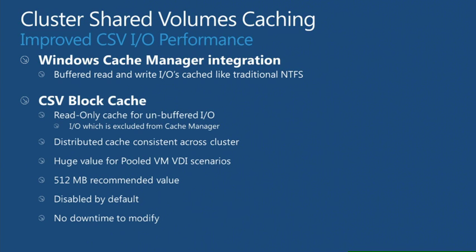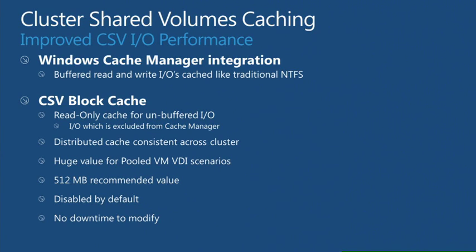But what's the biggest win, I think, in CSV in 2012 is the CSV block cache. Have you guys heard of a Fusion-io card? That's a hardware implementation of a cache for unbuffered I/O. What we have built in Windows Server 2012 is a software implementation of it.